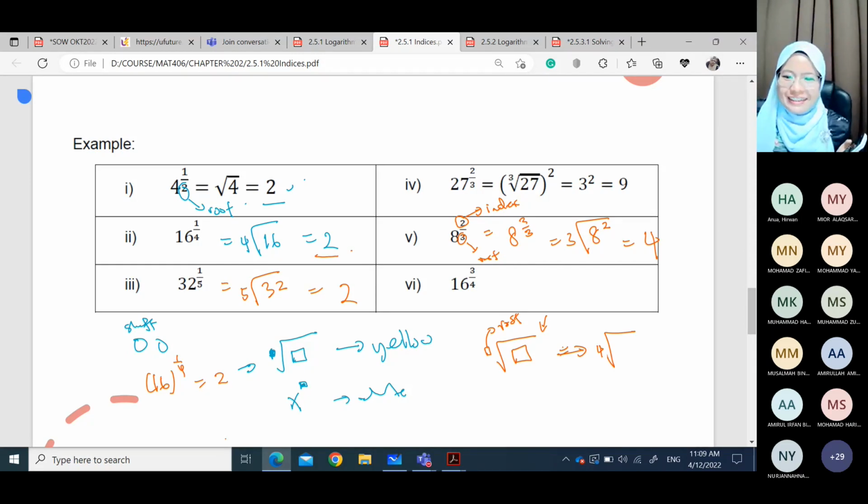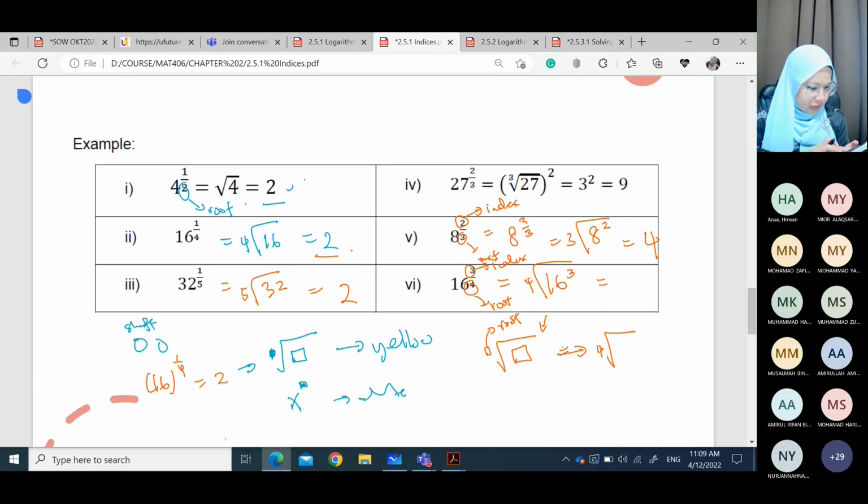Okay, very good. Okay, so the last one, number 6, 16. Atas ni adalah index kuasa, 16 kuasa 3. Yang bawah ni adalah root, punca kuasa. So 16 kuasa 3, punca kuasa 4. Okay, so just plug in your calculator. 4, root 4.